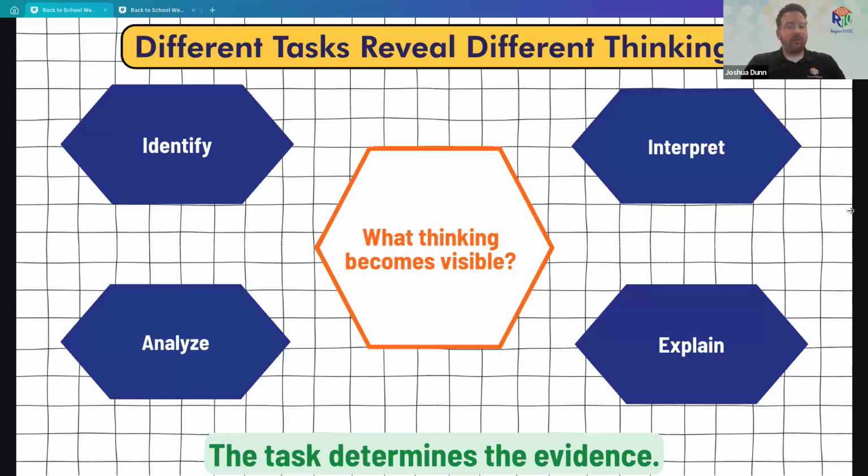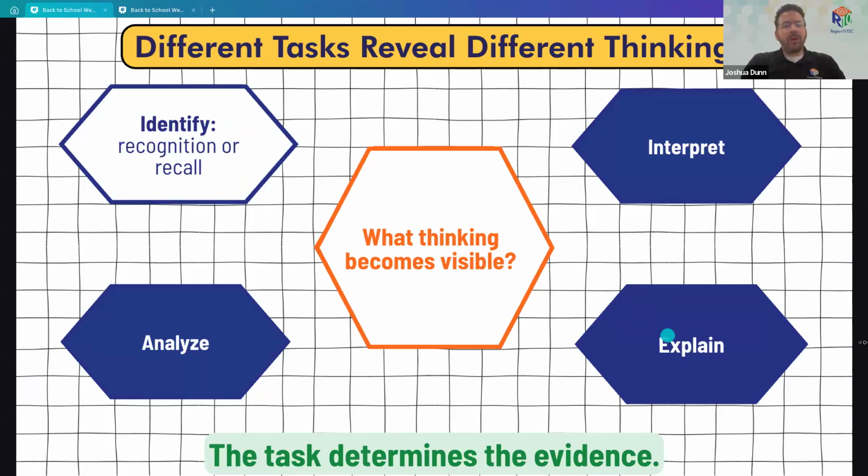We're just here to dig into what each of these verbs is going to show us. The question is whether the task matches the expectation of the standard and gives us the evidence we can actually use. So for example, if I'm looking at identify, we know identify is going to show us recognition or recall.